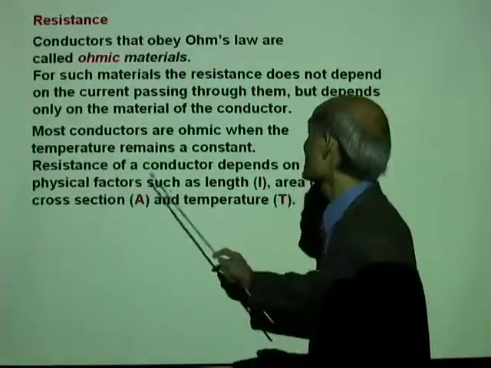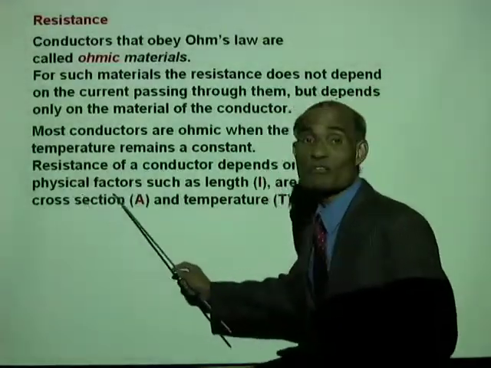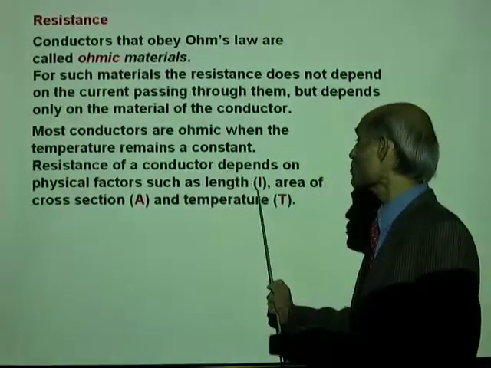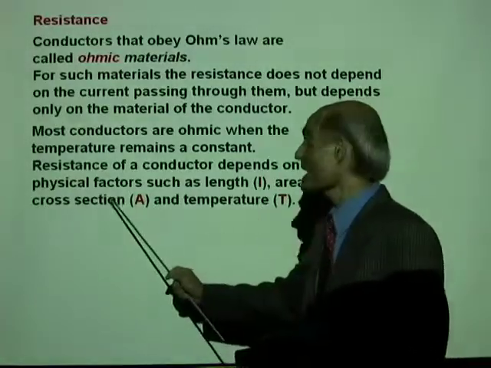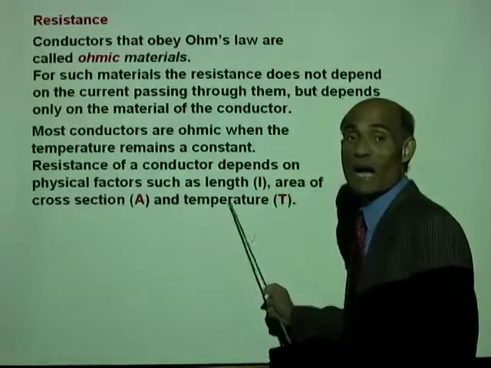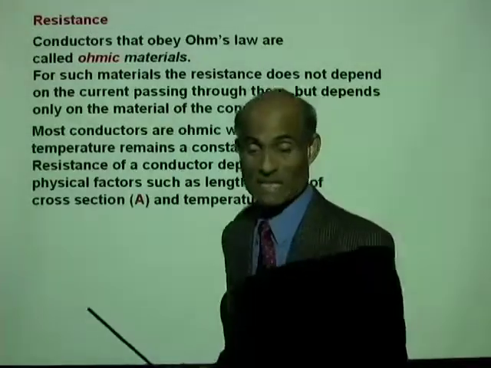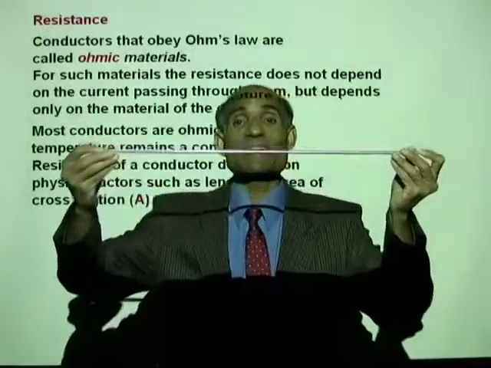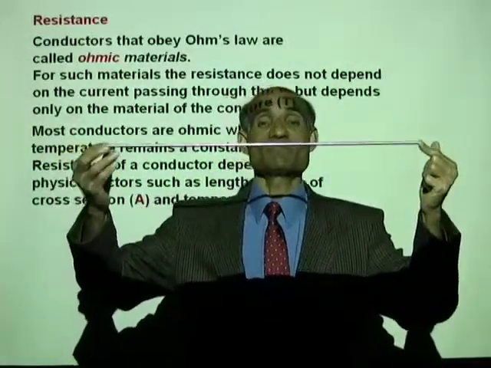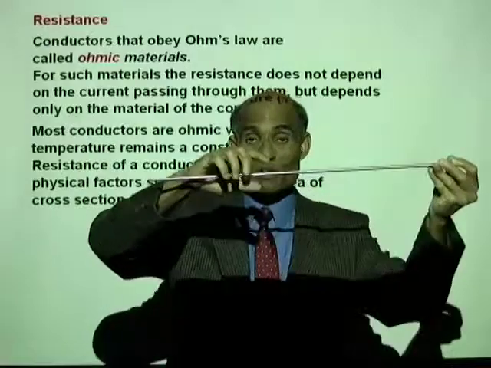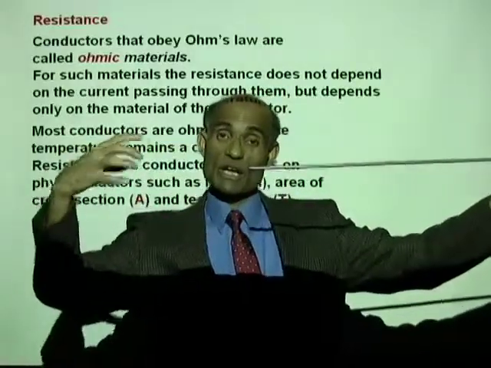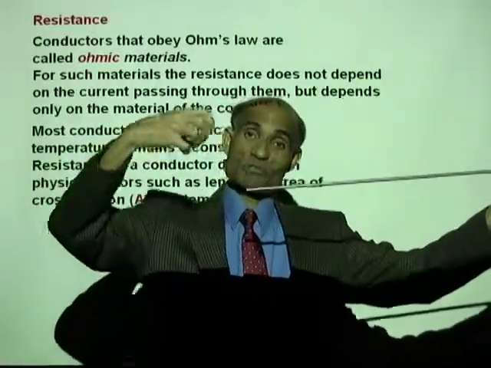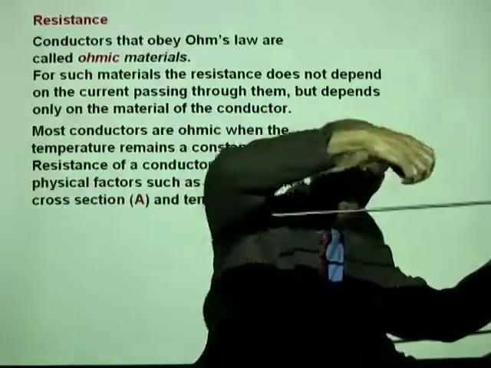Resistance of a conductor depends on physical factors such as length of the conductor, area of cross-section, and temperature T. Now tell me, what happens if I increase the length of the conductor? Well, if I increase the length, electric charges have to drift through a very long path.